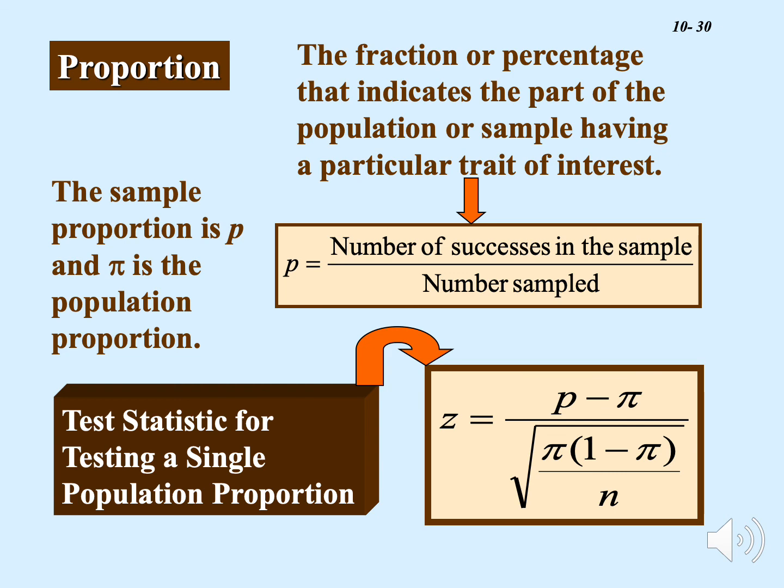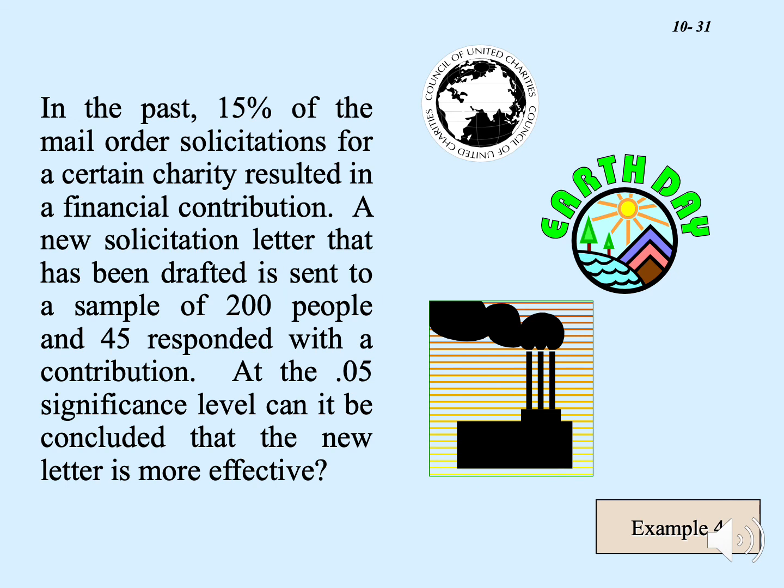Okay, so example. In the past, 15% of the mail order solicitations for a certain charity resulted in a financial contribution. A new solicitation letter that has been drafted is sent to a sample of 200 people, and 45 responded with a contribution. At the 0.05 significance level, can it be concluded that the new letter is more effective?